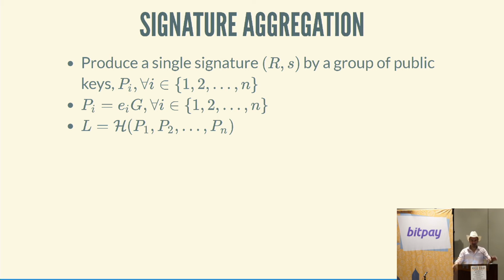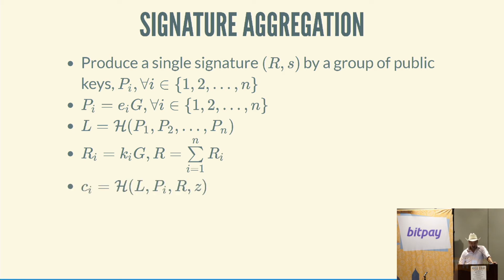And we can use a hash function, the same or a different hash function. Every single one of those private key holders creates their own nonce, k sub i, and you get the resulting point, R sub i. And capital R, the committed point, is going to be the sum of all those points.